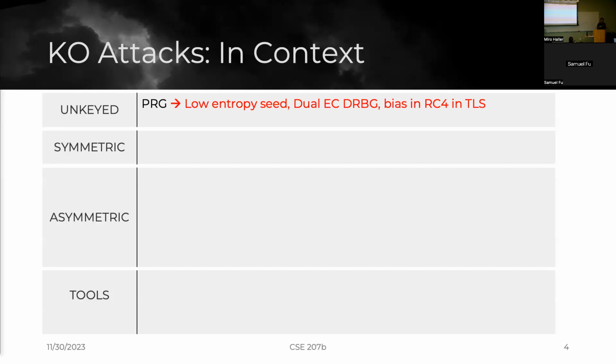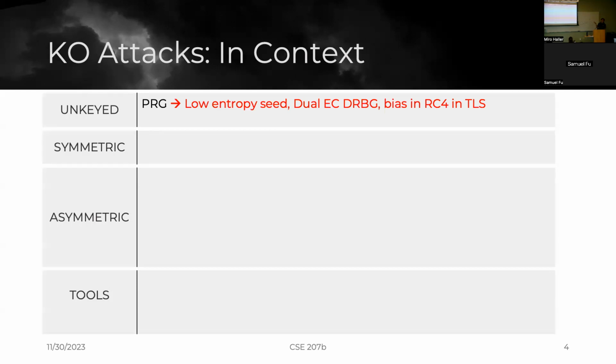So we looked at unkeyed primitives, which are, for example, pseudorandom number generators, where we looked at attacks that exploited a low entropy source for the seed, for example, a timestamp that you could guess. Or we looked at Dual EC DRBG, which is a backdoored pseudorandom number generator.